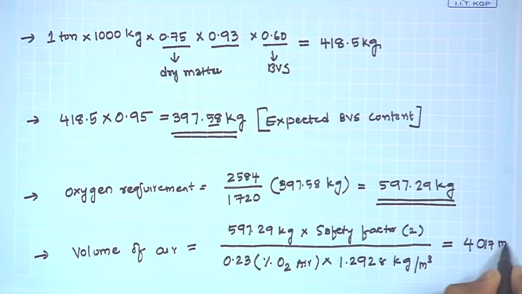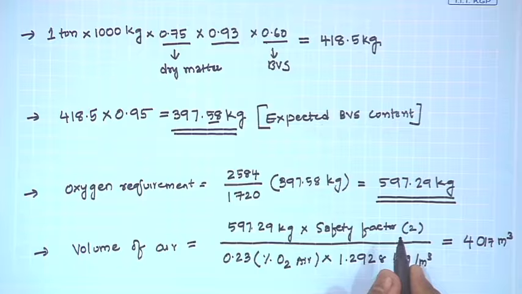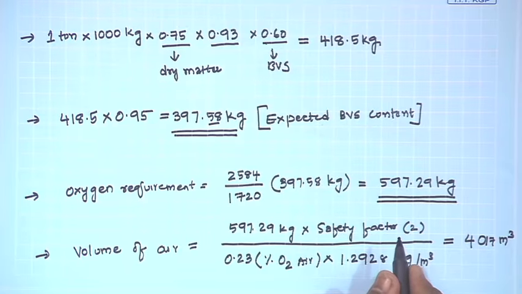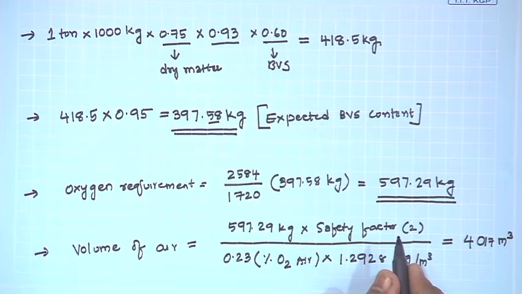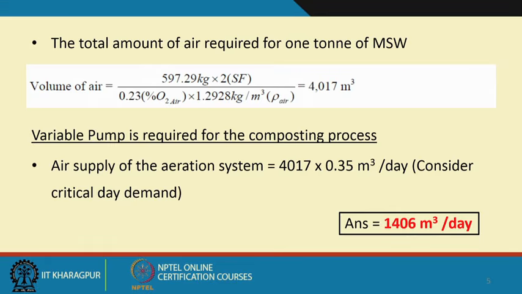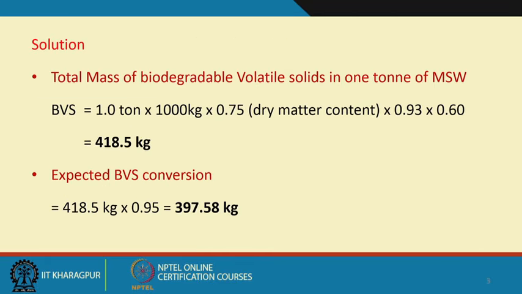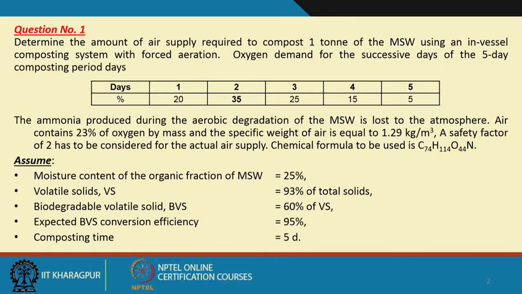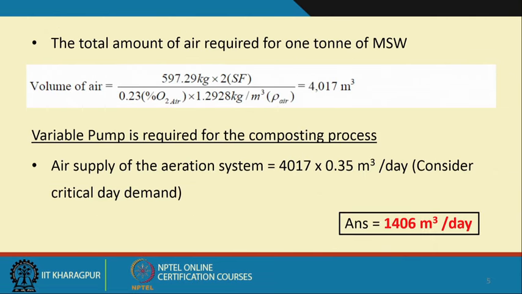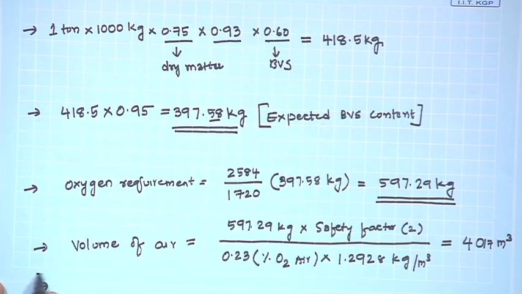So we will get 4017 meter cube, that is the volume of the air. We have been given that the air supply of the aeration system for day 2, which is considered critical, is 35%. So we multiply the air required by 0.35 for the critical demand.